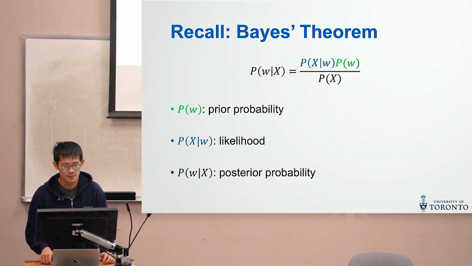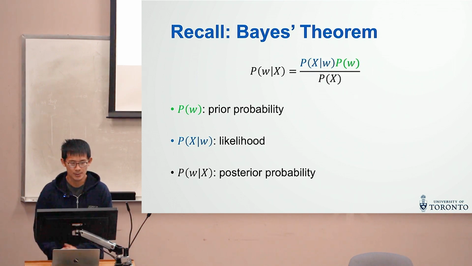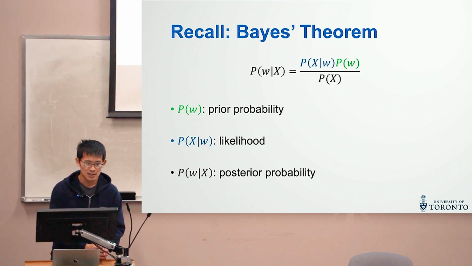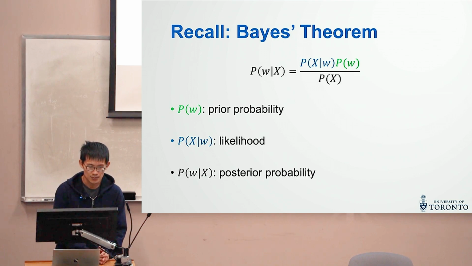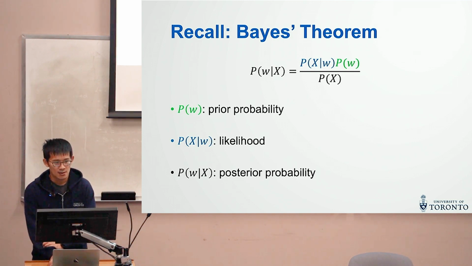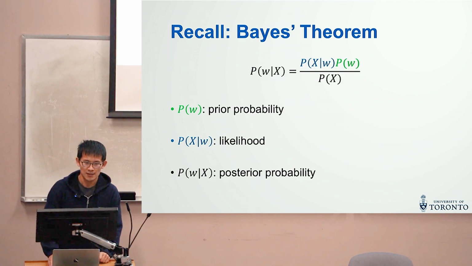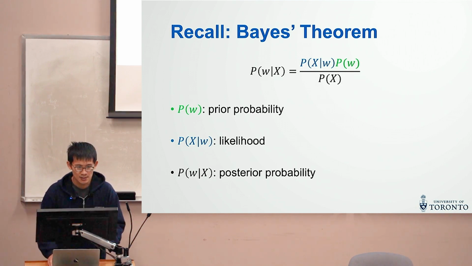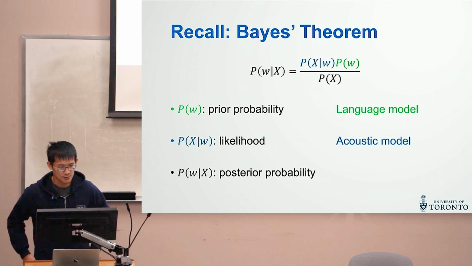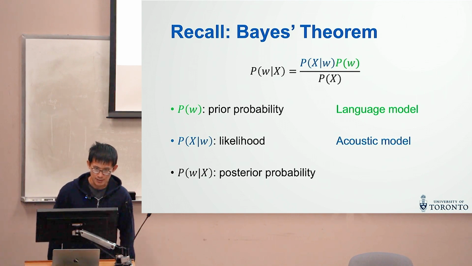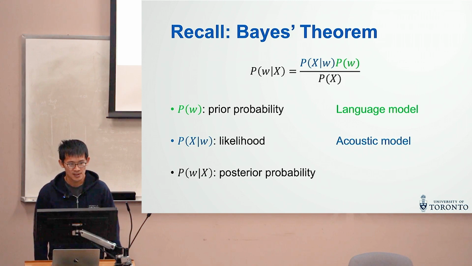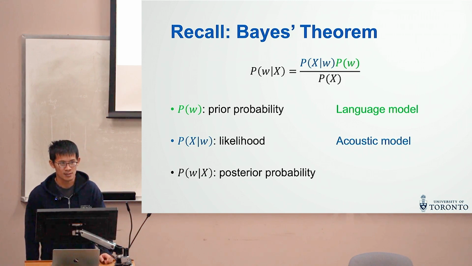Bayes theorem flips between the probability of word given sound and the probability of sound given word. The left-hand side is called the posterior probability, the probability of the word given sound. And this equals the prior multiplied by the likelihood divided by the evidence. The names are sort of arbitrary, but the point of the different color coding is that the prior probability can be computed by a language model, and the likelihood term can be computed by an acoustic model.